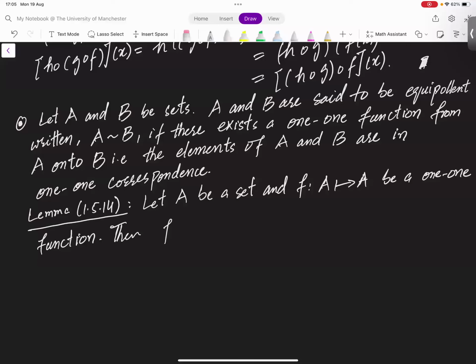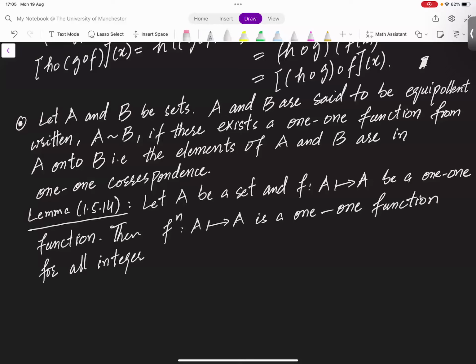Then f power n from A into A is a 1-1 function for all integers n greater than or equal to 1.